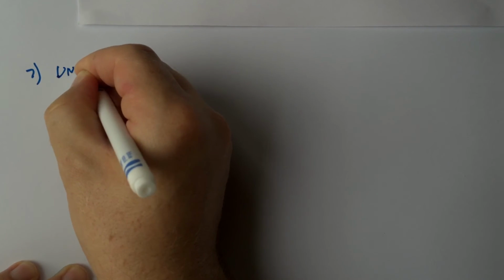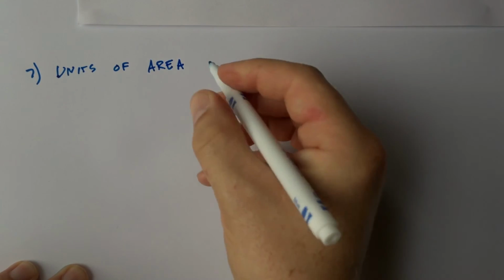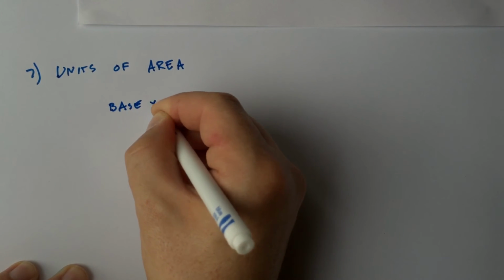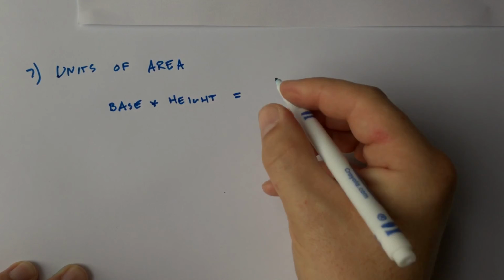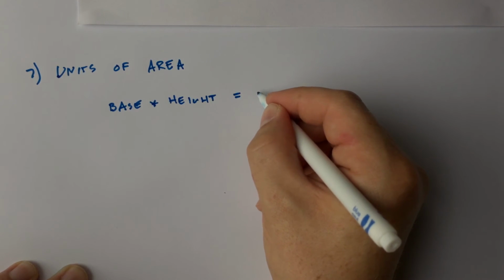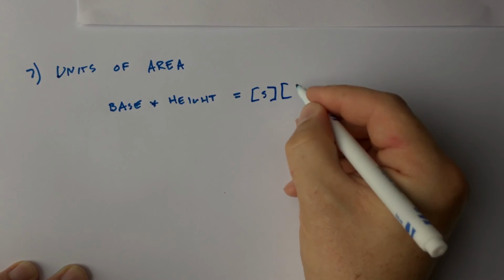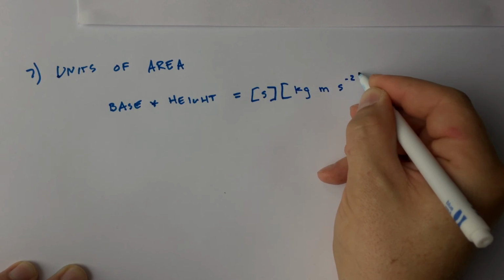So number 7, the units of area are given by base times height, which has units of our base in seconds, times our height in kilogram meter per second squared.